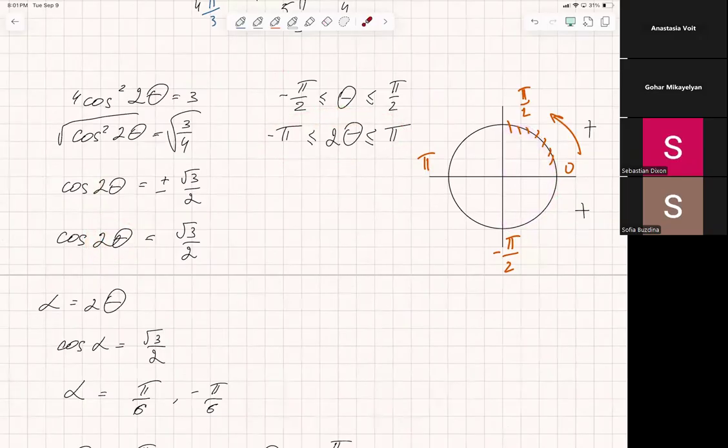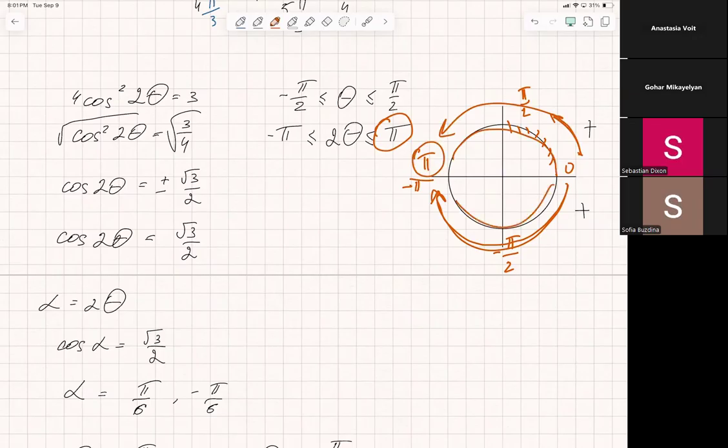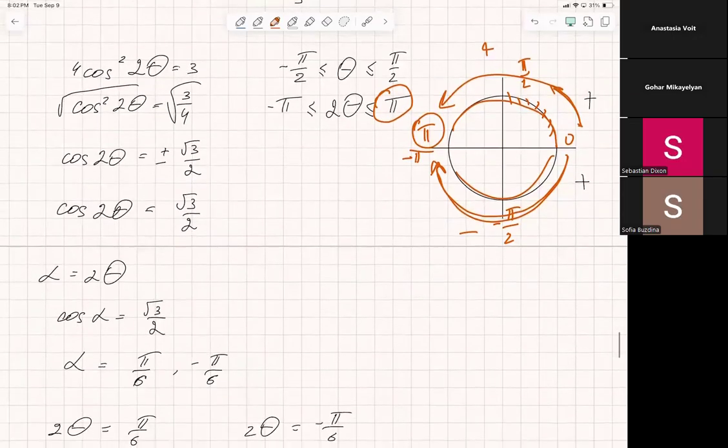So now we are looking at from negative pi, so all the values up to negative pi and up to pi. So we go in the counterclockwise direction until pi. Essentially we have the whole circle, but with the positive and negative version of that, right? So we will keep plus and minus.